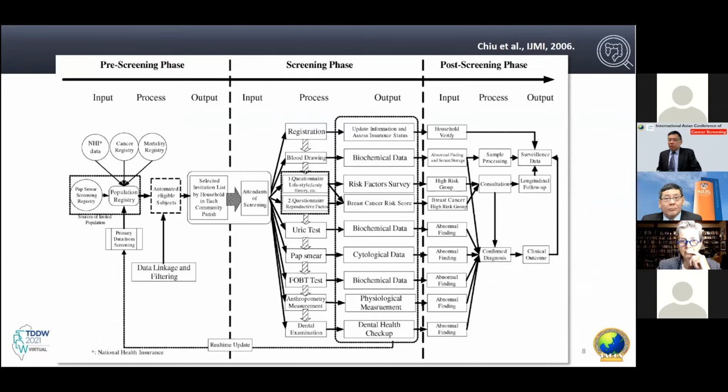In the pre-screening phase, we prepared the population databases, including the population registry, cancer registry, and mortality registry. After screening, we referred positive cases to have the complementary examination and also evaluated the programs.